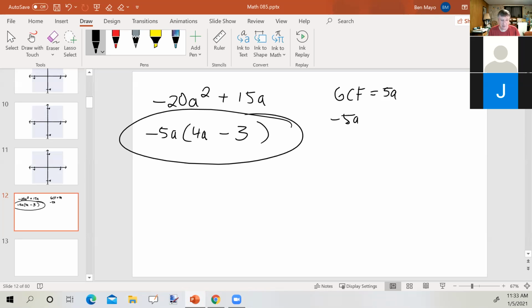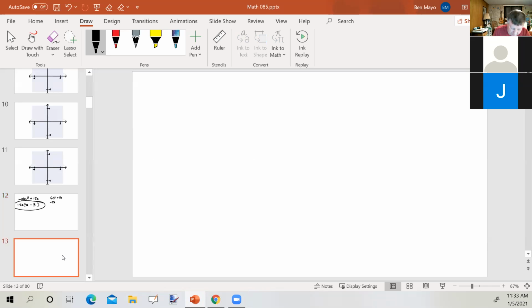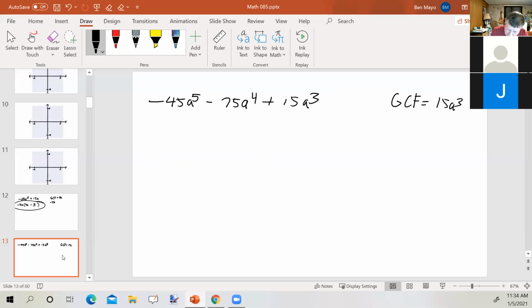Any questions about that particular problem? Okay, we're going to take a look at 18 from that same WebAssign. The directions are exactly the same. It says negative 45a to the 5th minus 75a to the 4th plus 15a cubed. Well, the greatest common factor would be 15a cubed.